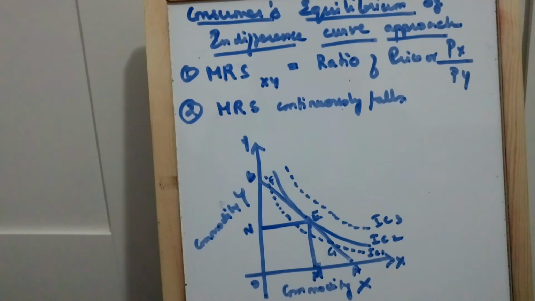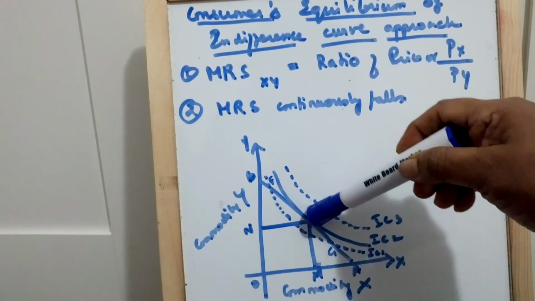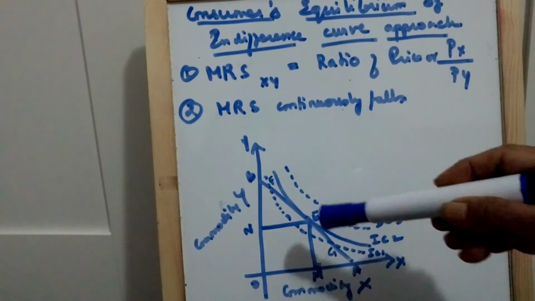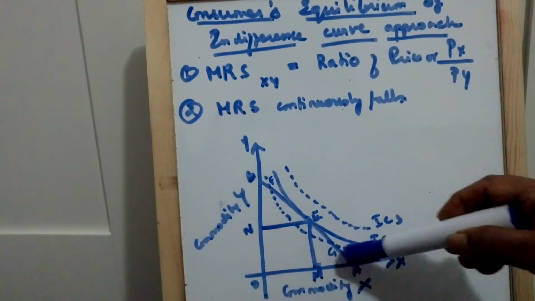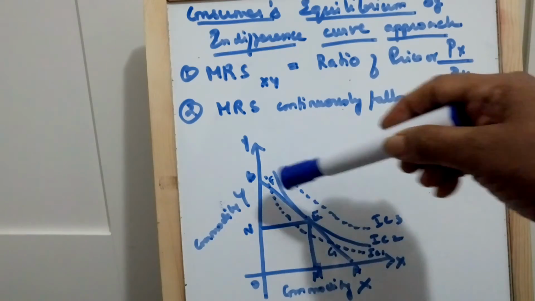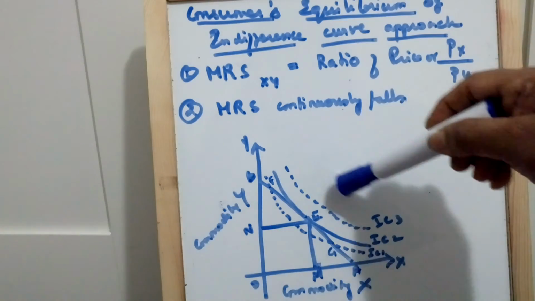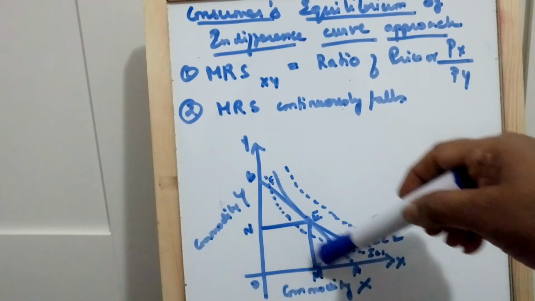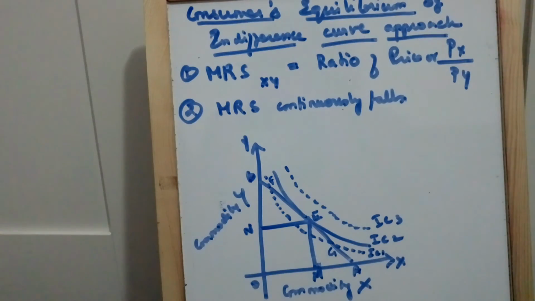The other points on the budget line, to the left or right, this side or that side, will lie on lower indifference curves. So that indicates lower satisfaction. We have already seen the higher indifference curve represents the higher level of satisfaction, the lower one, lower level of satisfaction.